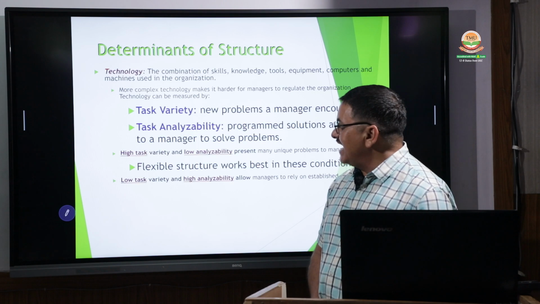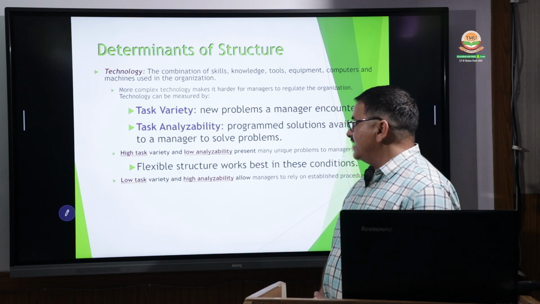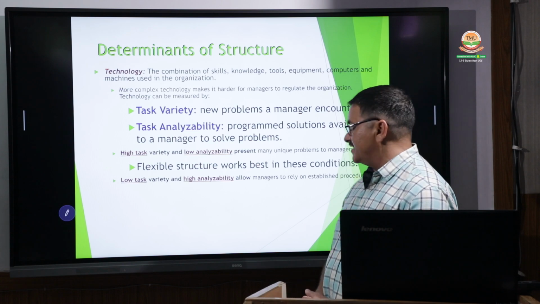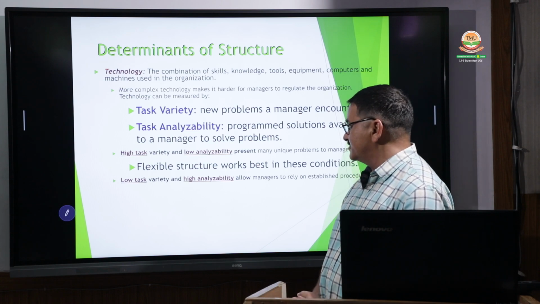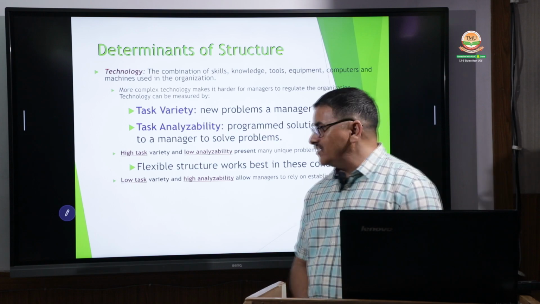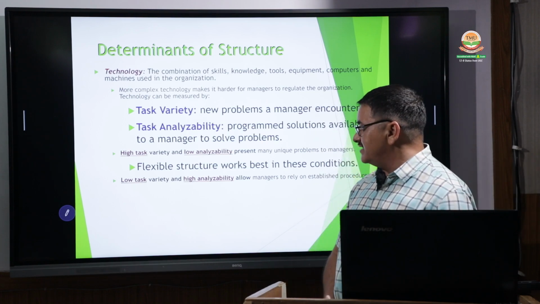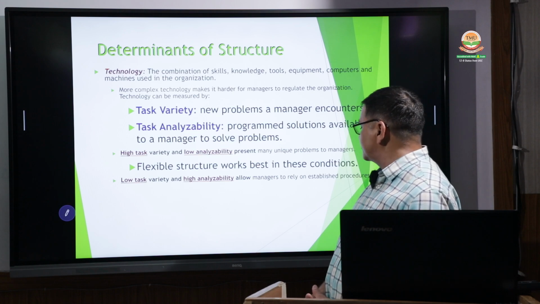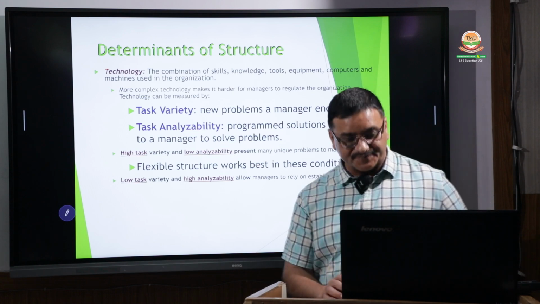High task variety and low analyzability present many unique problems to the manager, and a flexible structure works best in these conditions. And if any organization has low task variety and high analyzability, that allows managers to rely on established procedures.